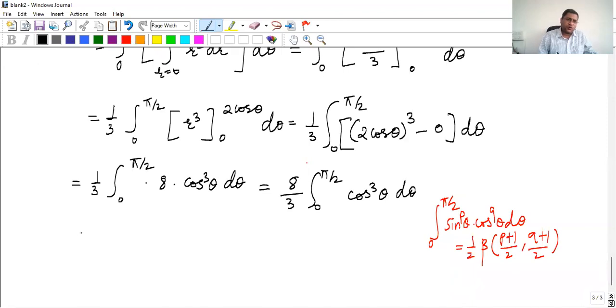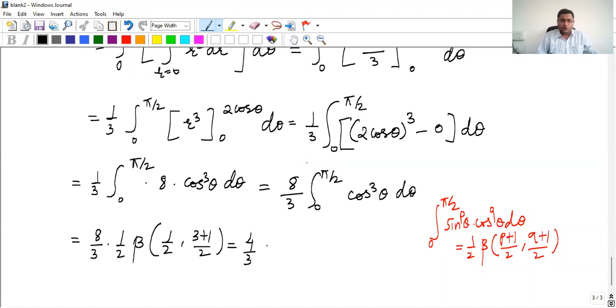So here this is going to be 8 by 3, 1 by 2, and beta of. We don't have any sine term here, so p is going to be 0, so here we have half. And now we have the cosine term, so the power of cosine is 3, so it's going to be (3 plus 1) by 2. And hence this is 4 by 3, beta of half, 2. Is that okay? Are you getting this?